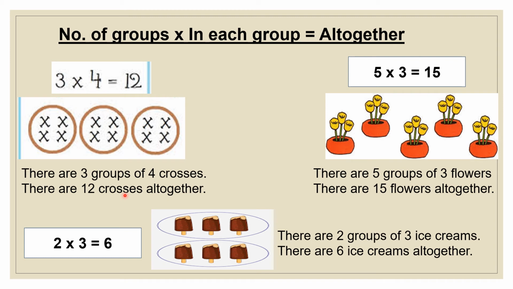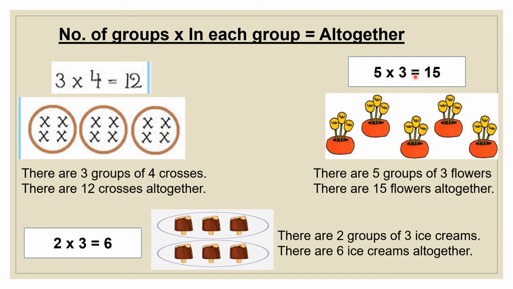So always remember, this is the rule of multiplication. You multiply the number of groups with the data in each group, and the answer you get is the total amount, that is, altogether. Look at this. How many groups? 1, 2, 3, 4, 5. And how many in each group? 1, 2, 3, 1, 2, 3, 1, 2, 3.